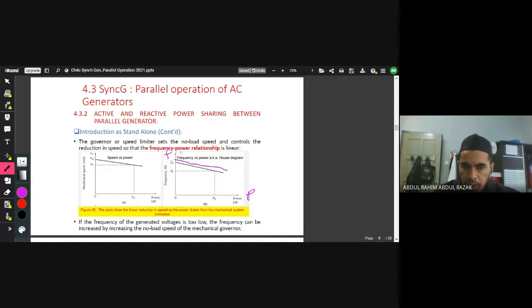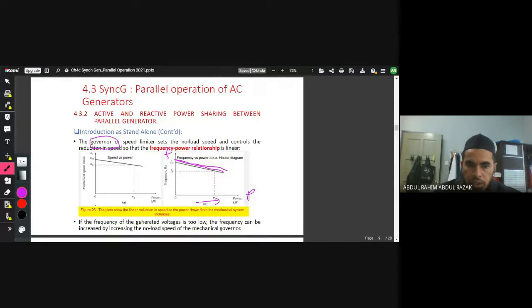We might have a curve like that, or like that, so this is an unpredictable curve. So the governor function is to make sure that the curve is linear. It means the response of the change in frequency, how much it reduces when we increase the power, should be at predictable values, or linear. So that's the governor function, or speed limiter function.